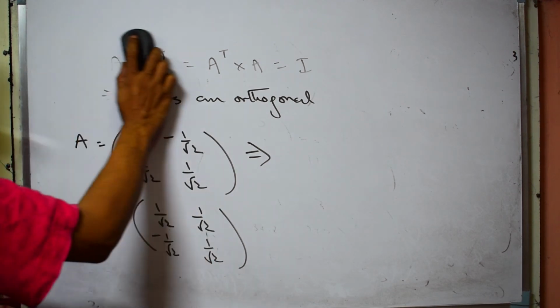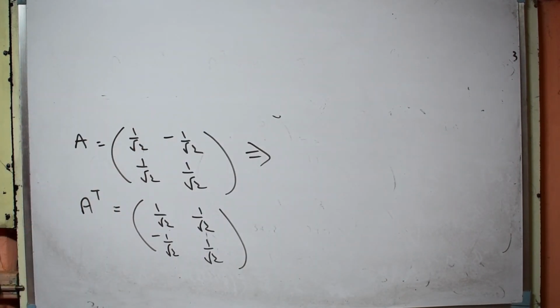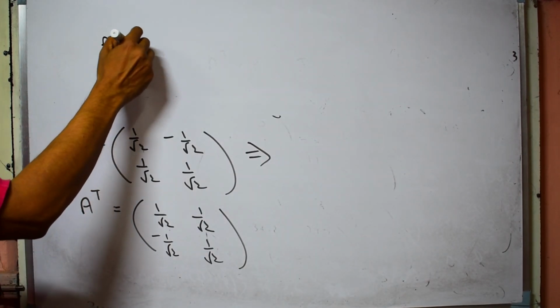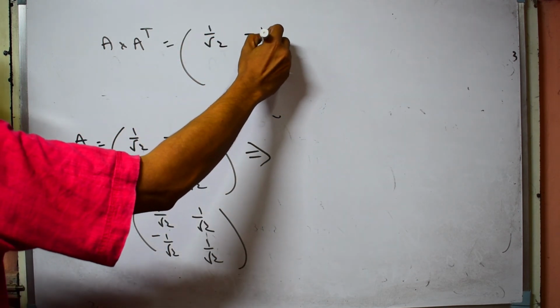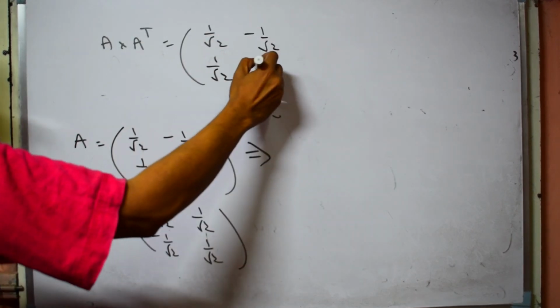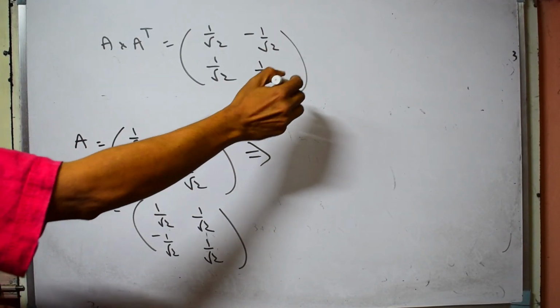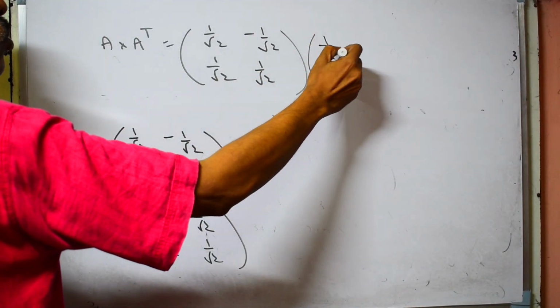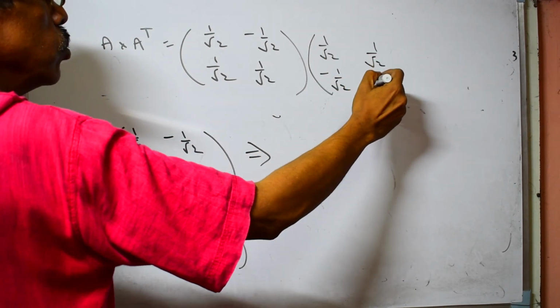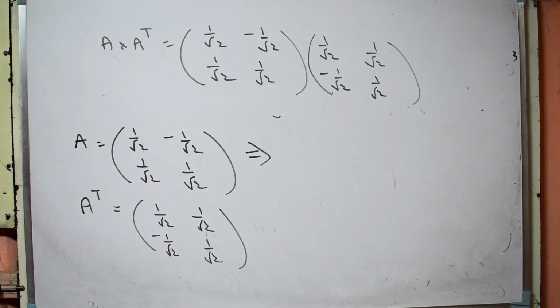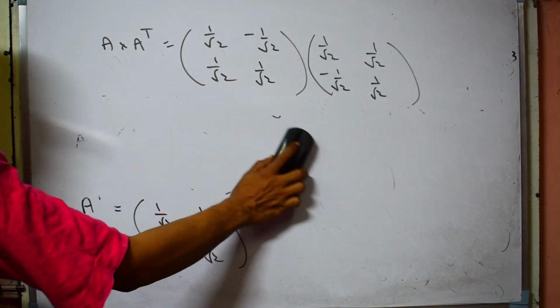Now what you need to know is whether A into A transpose is the identity. A into A transpose: 1 by root 2, minus 1 by root 2, 1 by root 2, 1 by root 2, multiplied with 1 by root 2, minus 1 by root 2, 1 by root 2, 1 by root 2. Now we are multiplying. How to multiply? Root 2 into root 2 is 2.